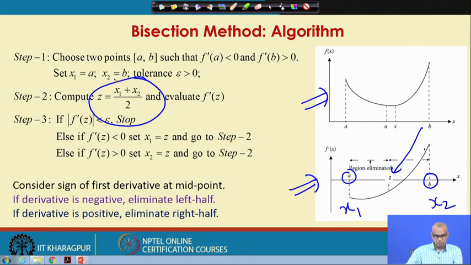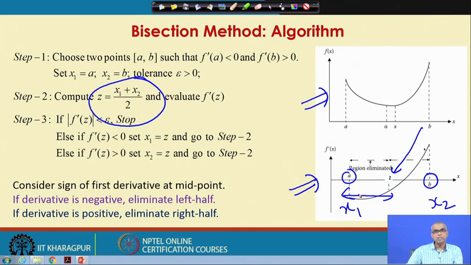Now, if the first derivative at z is negative, we will eliminate the left half, because if the derivative at the midpoint is negative, the minimum cannot lie on the left half.